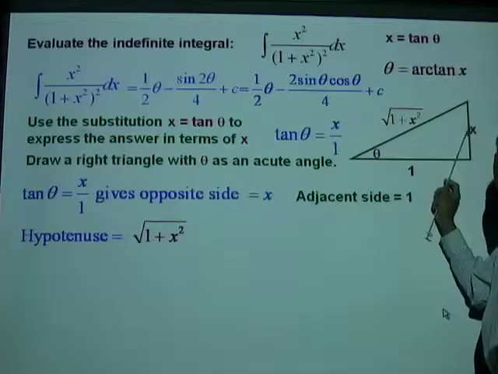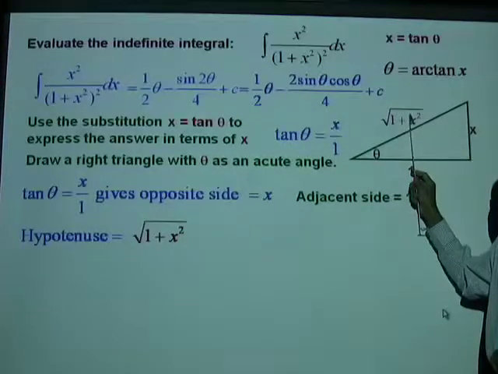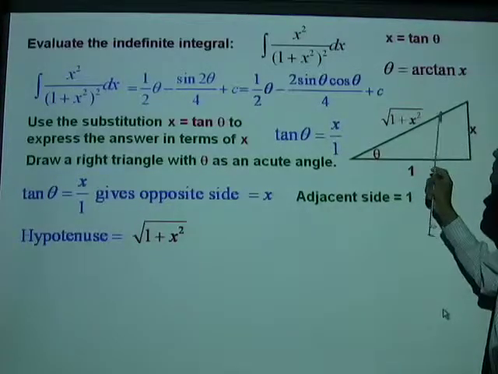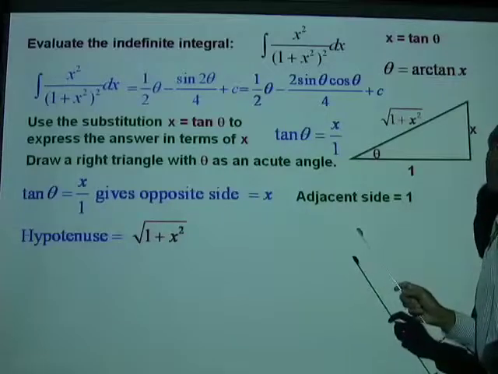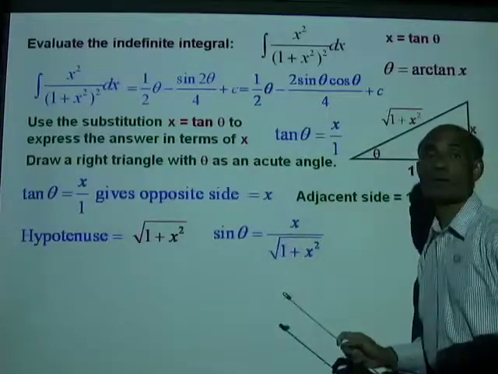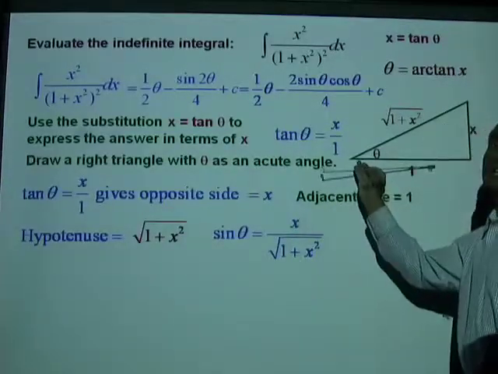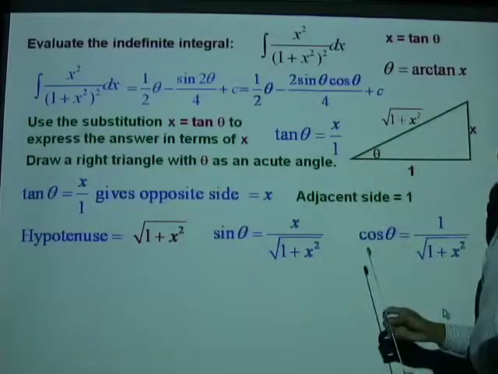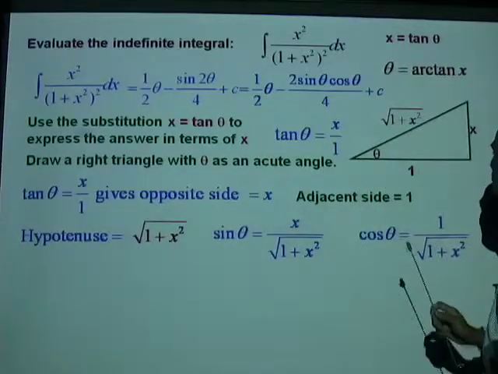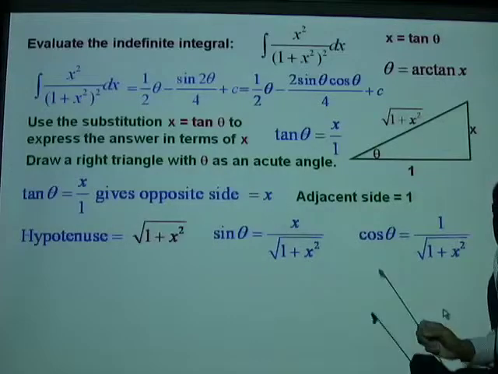Alright, in this triangle, what is sine theta? Sine theta is the opposite side divided by the hypotenuse. That would be x divided by the square root of 1 plus x squared. There you go. And cos theta is the adjacent side divided by the hypotenuse, which is 1 over the square root of 1 plus x squared.